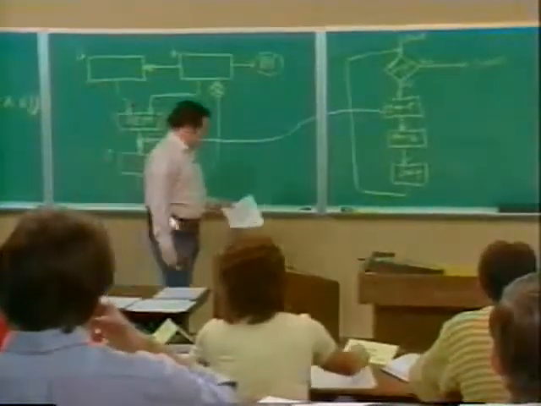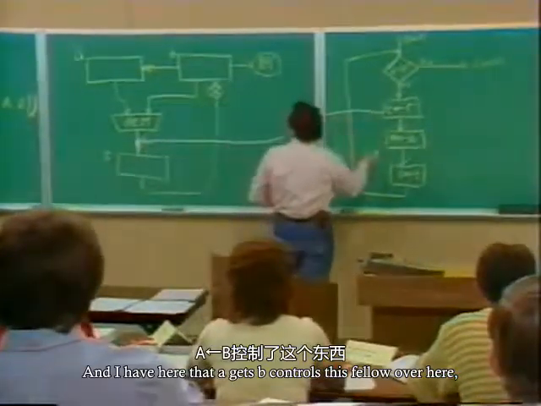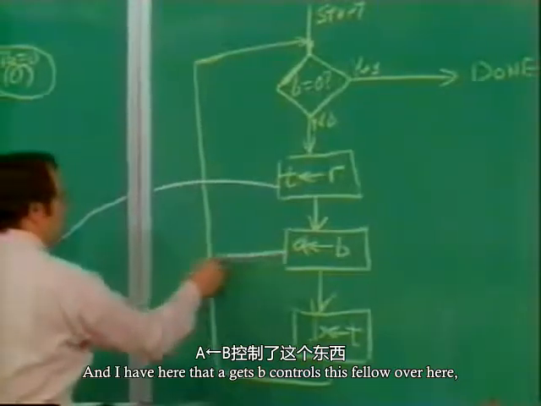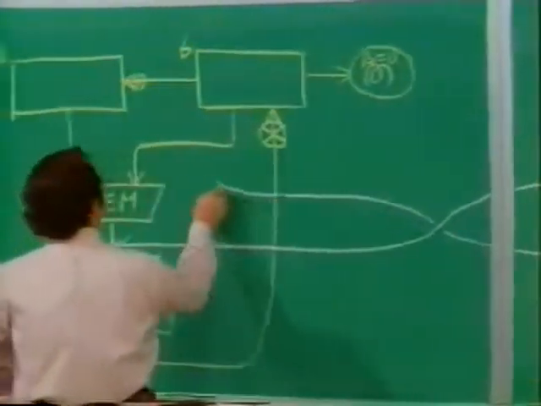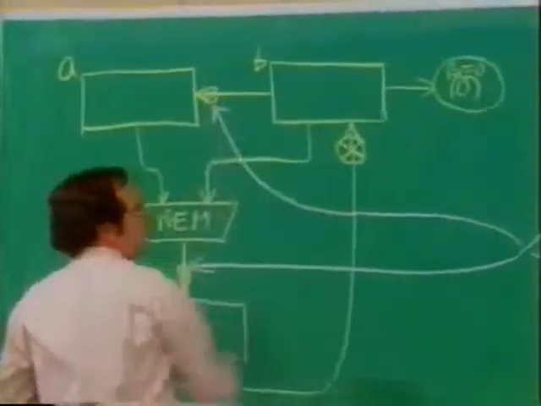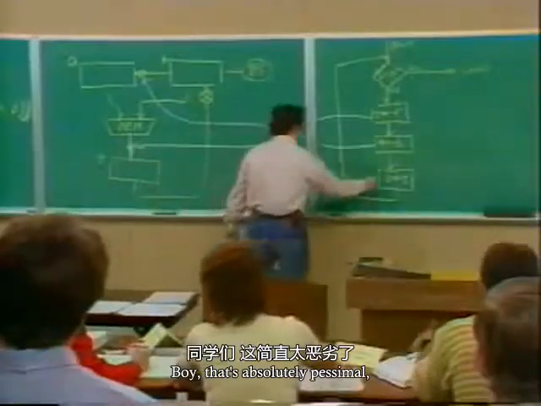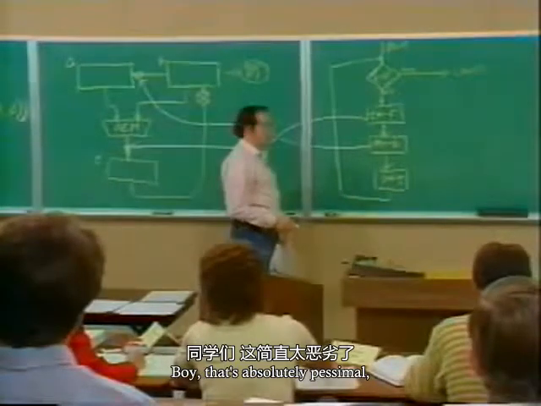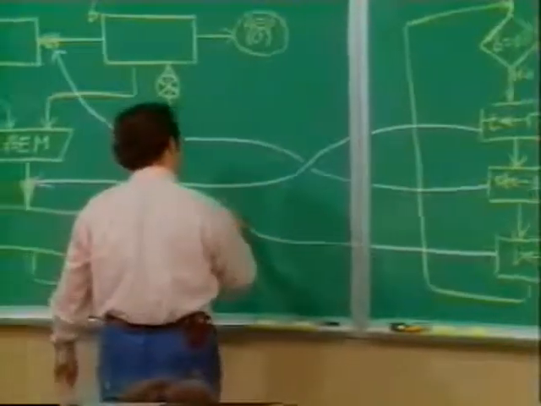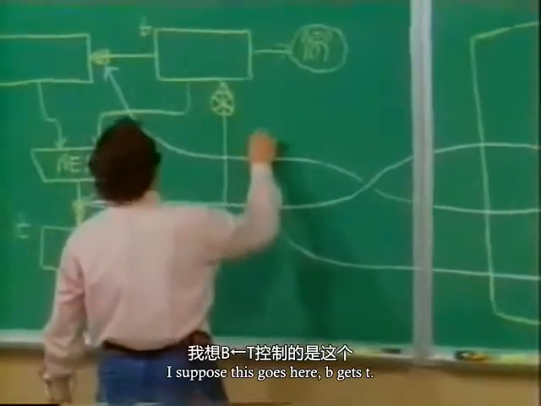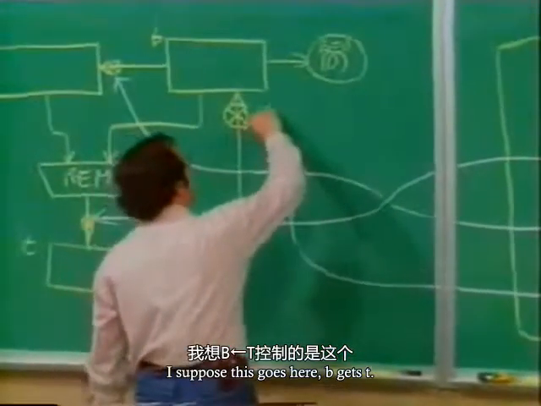Okay? And I have here that A gets B controls this fellow over here. And this fellow over here, boy, that's absolutely reverse. It's pessimal. The inverse of optimal. Every line had to cross every other line the way I drew it. I suppose this goes here. B gets T.